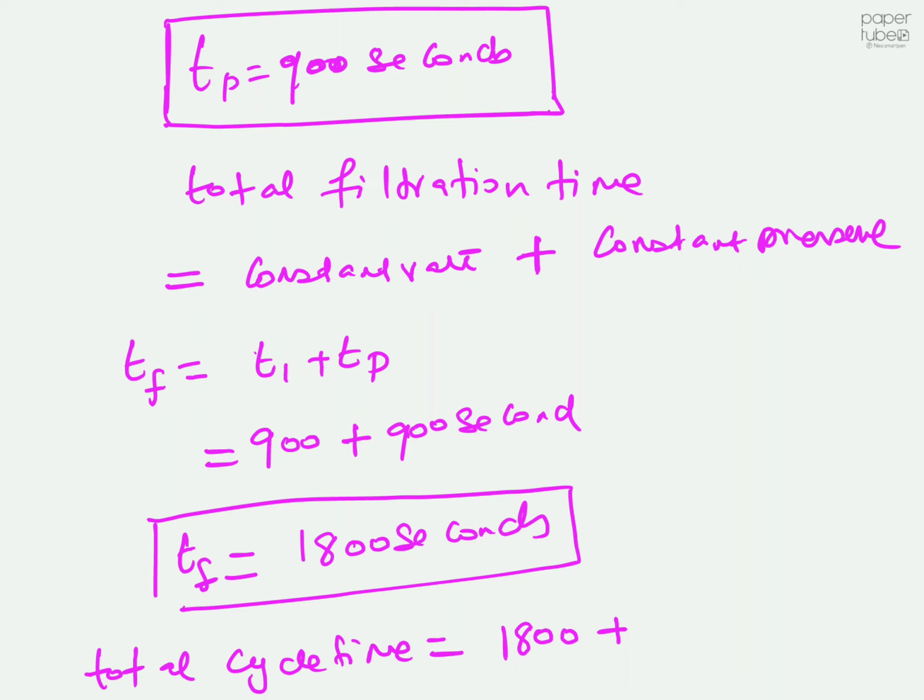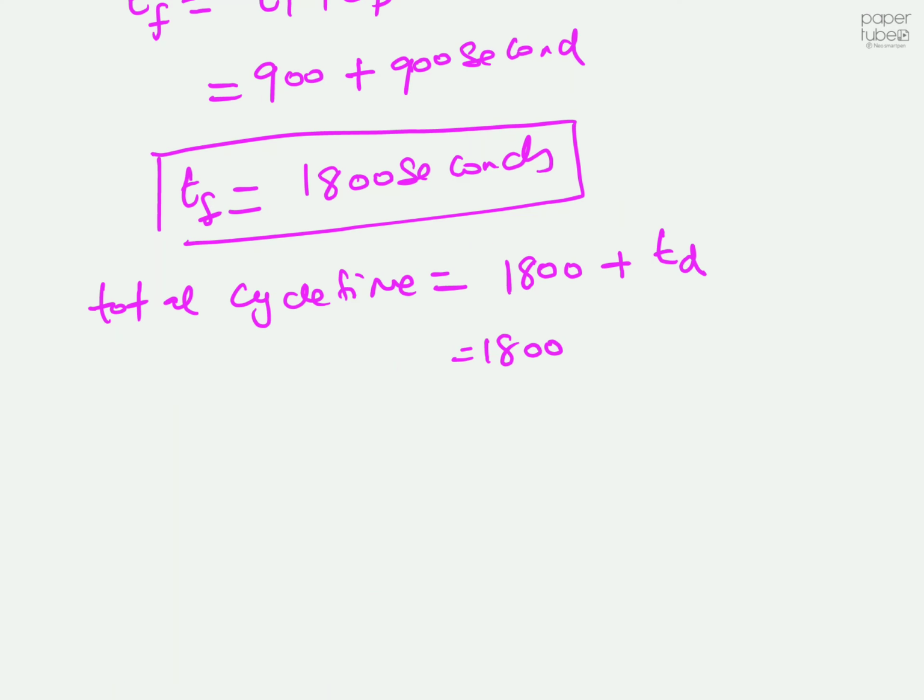So let's call this downtime, TD. So TD is equal to 1800 plus 1200 seconds, that's equal to 3000 seconds. So that's the total cycle time.